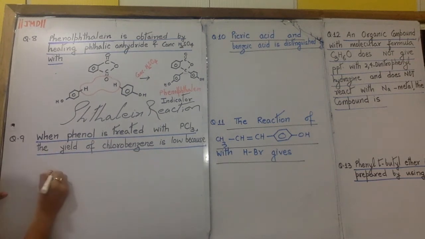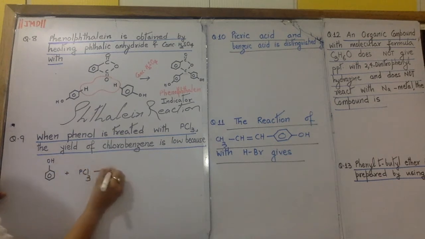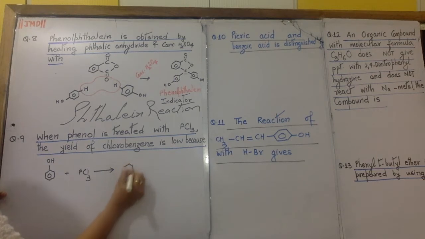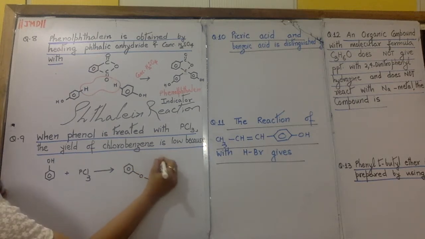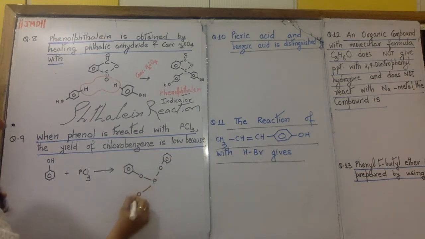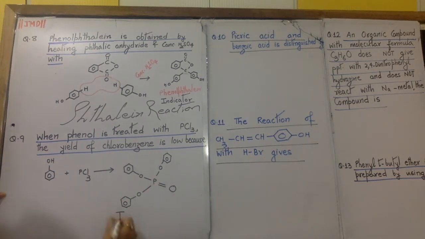So when I take a molecule of phenol and treat it with PCl3, I get a structure of this kind. That is triphenyl phosphate.